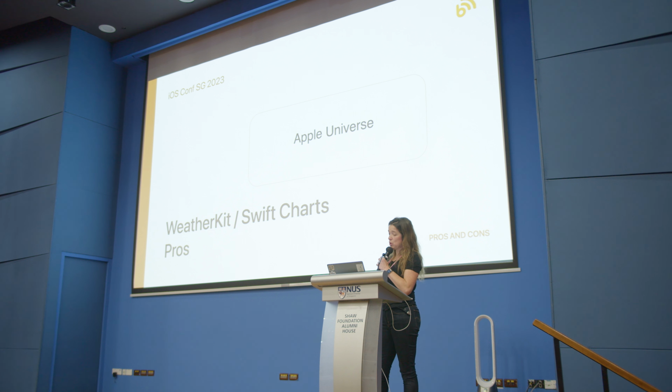And also the point that I like is air pollution. It's a modern thing, and in all applications, it's really interesting to have that kind of information. It's the Apple universe, so really easy to implement in your Xcode project.